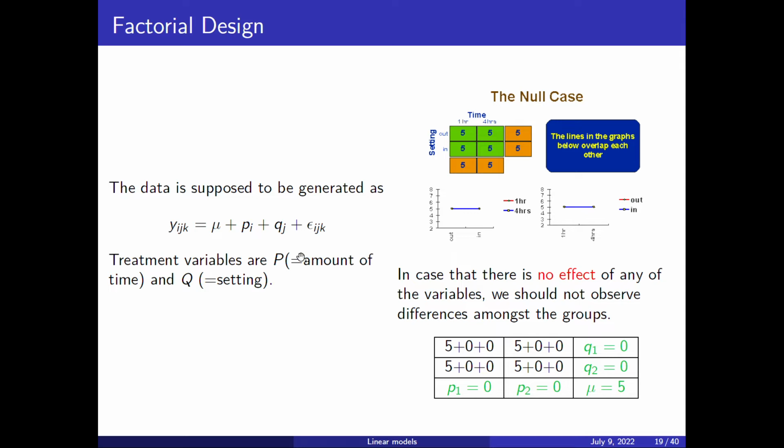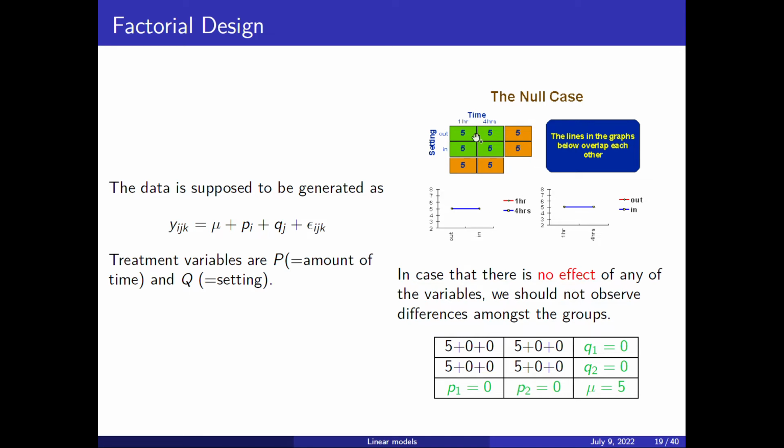You have 2 levels. So this is like your treatment before, the control and the drug. Now it is 2 levels, 1 hour and 4 hours. And the second factor is the setting, whether in class or out of class. And then something that depends on that person and that you cannot explain.